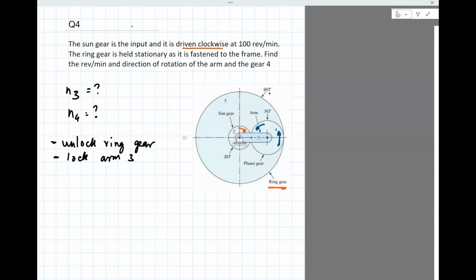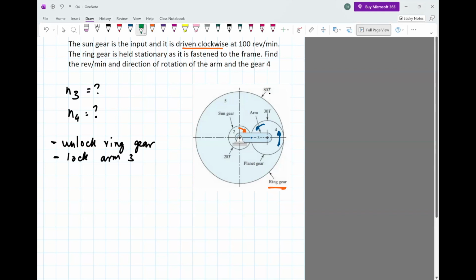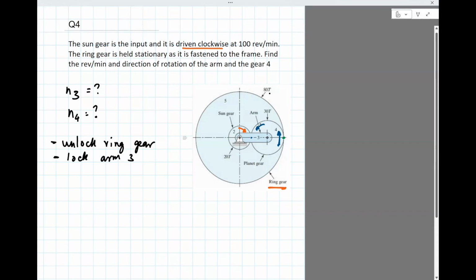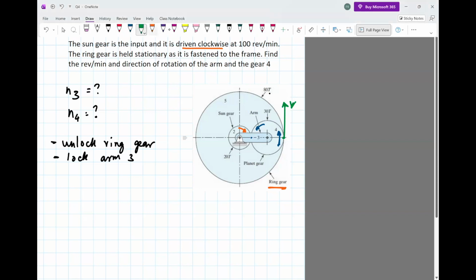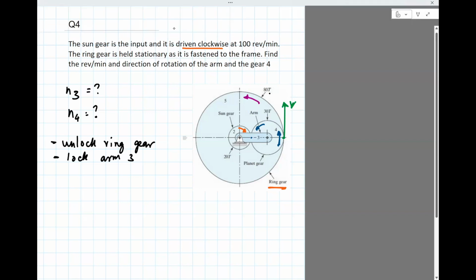The question is how will the ring gear rotate? Use the same logic. There's a common point between the ring and the planet, and this point has to be moving this way, right? For it to move with the speed v upwards, the ring gear should also rotate this way.